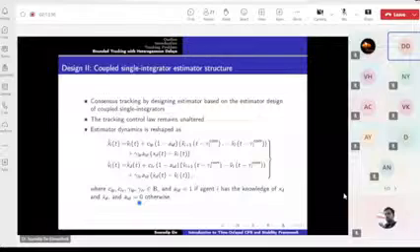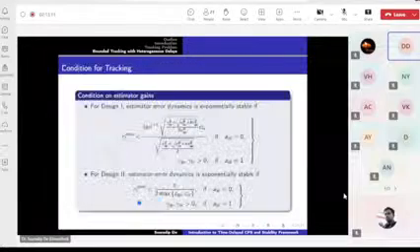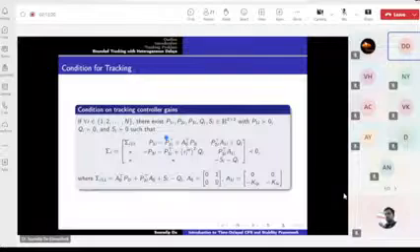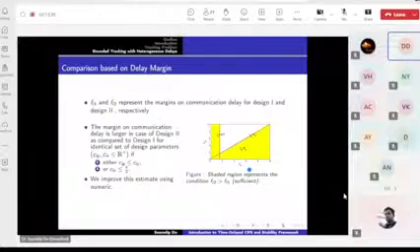And in this particular case, you can see that the delay margin is the same for both the designs, that is design 1 and design 2, and that will be feasible if this LMI has a feasible solution. So whenever we are going for these two kinds of designs of the estimators, it is important to analyze which one yields better delay margin.